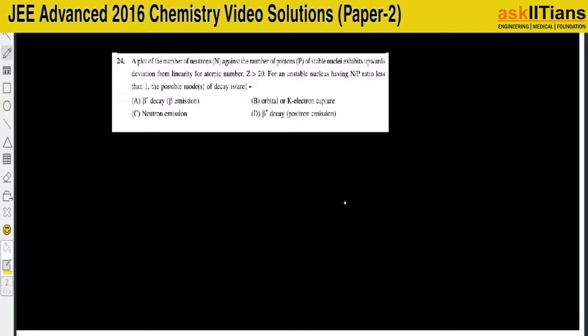Fine. So if I talk about the neutron to proton ratio, and I have to make it less than 1, when will this happen? This will happen if I'm having decay of protons, right?